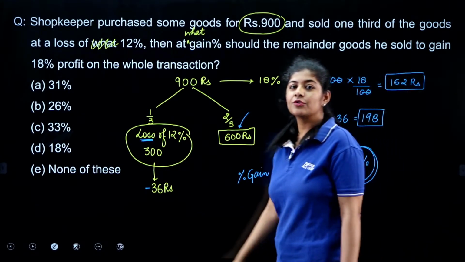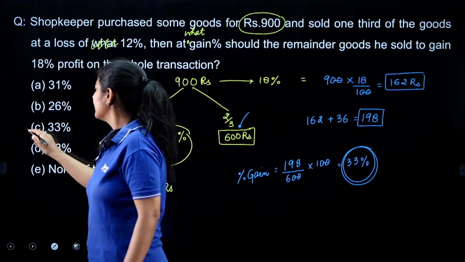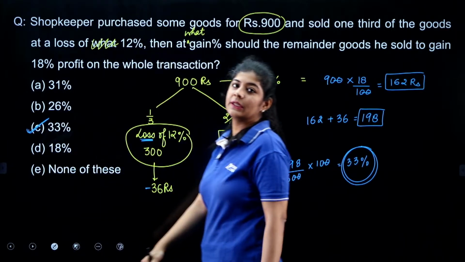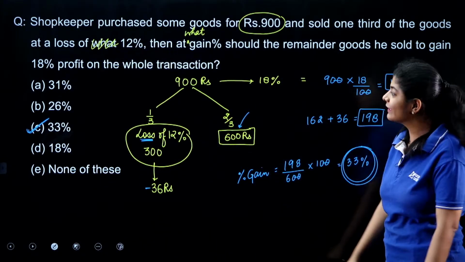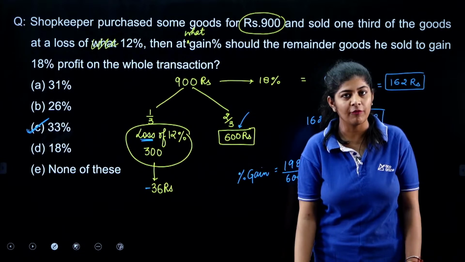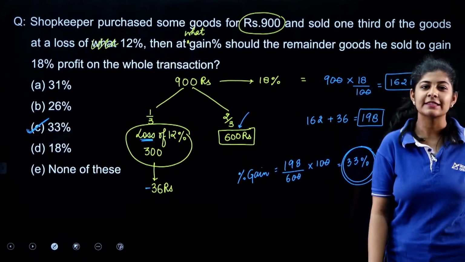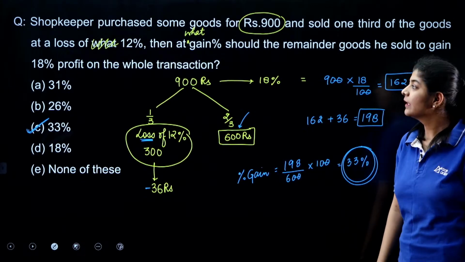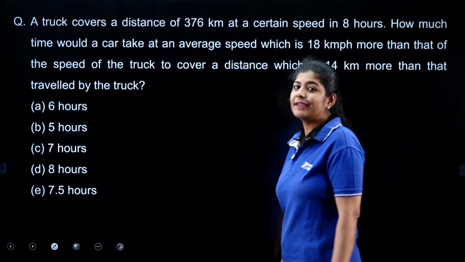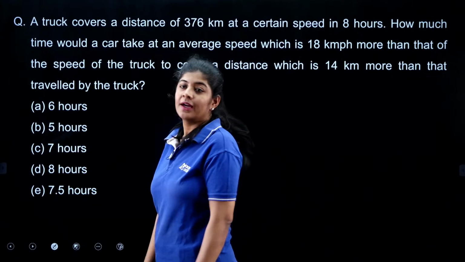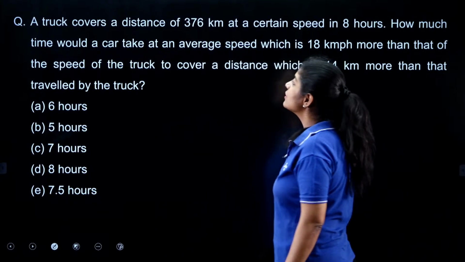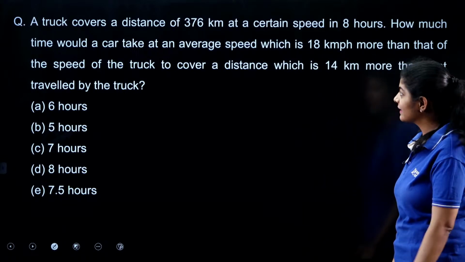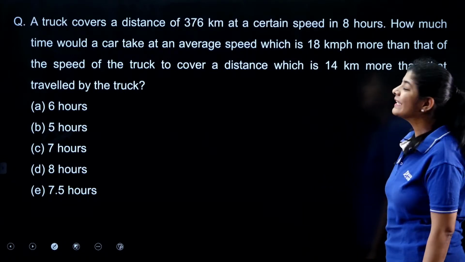So he needs to sell the other 2/3 portion at 33%, so that overall he gets 18% profit on the transaction, right? It's a very easy one. Clear? Next.